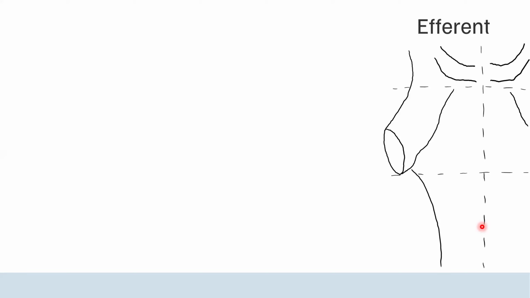Do we have any sort of muscles within the head and neck regions? Tongue, perfect. And what else? What else would be general somatic efferents?